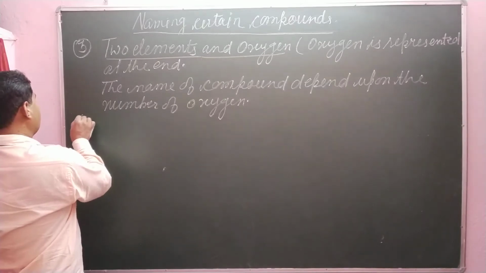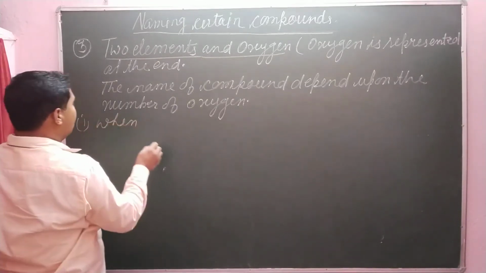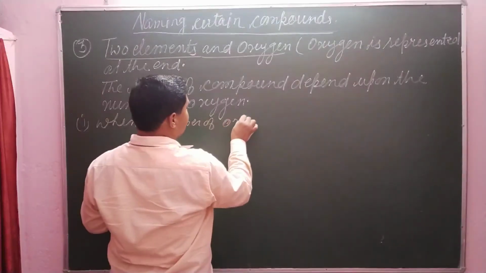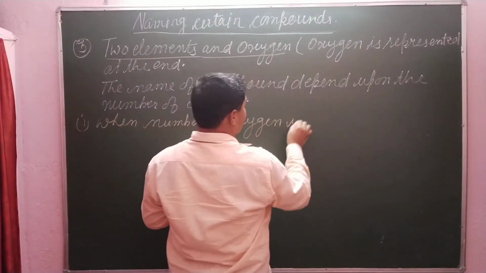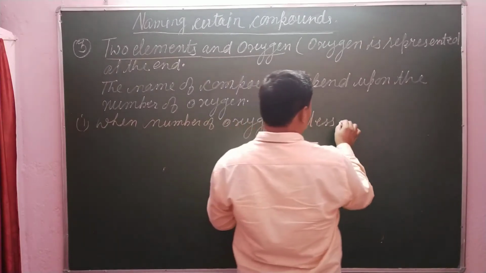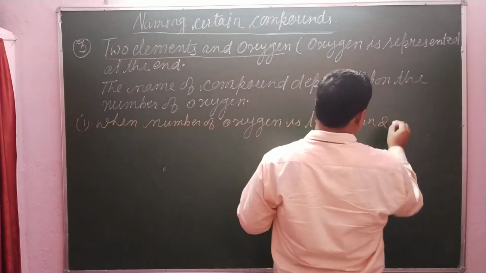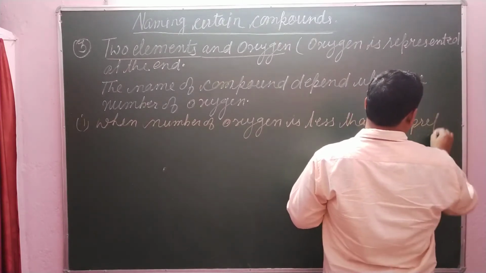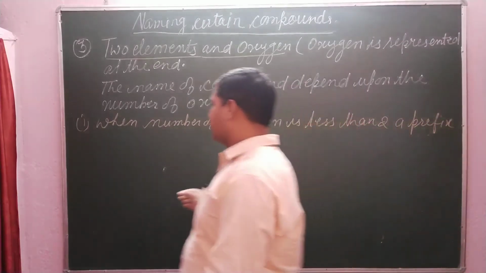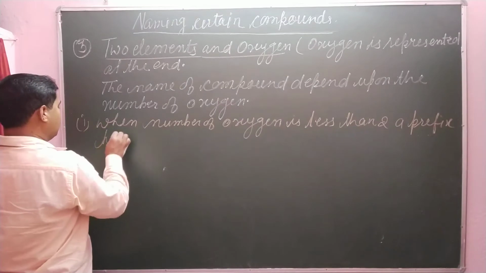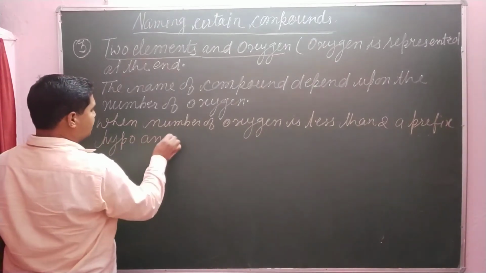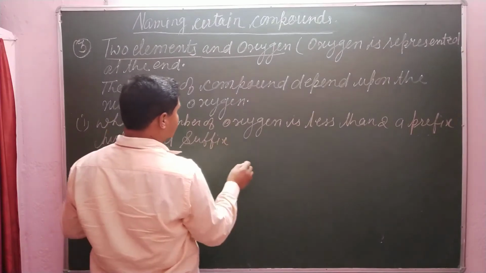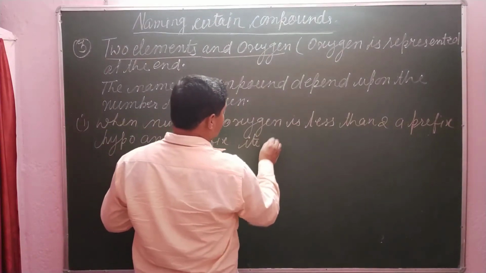So first, when the number of oxygen is less than 2, a prefix hypo and suffix ite is used.